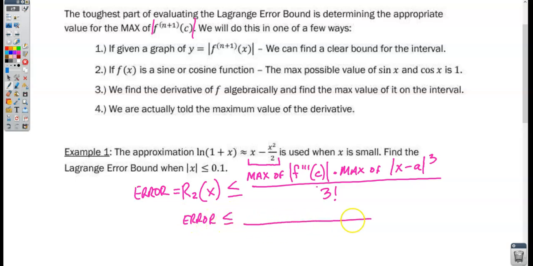Now I just need to figure out what these other pieces are. The maximum value of the absolute value of x minus a is the biggest value that x can take on the interval. We can see where this interval is centered. This interval is centered at x equals 0. This is a Maclaurin series. And if we're trying to find the error bound on the interval from negative 0.1 to 0.1, the biggest possible distance between x and a on that interval is just going to be 0.1.